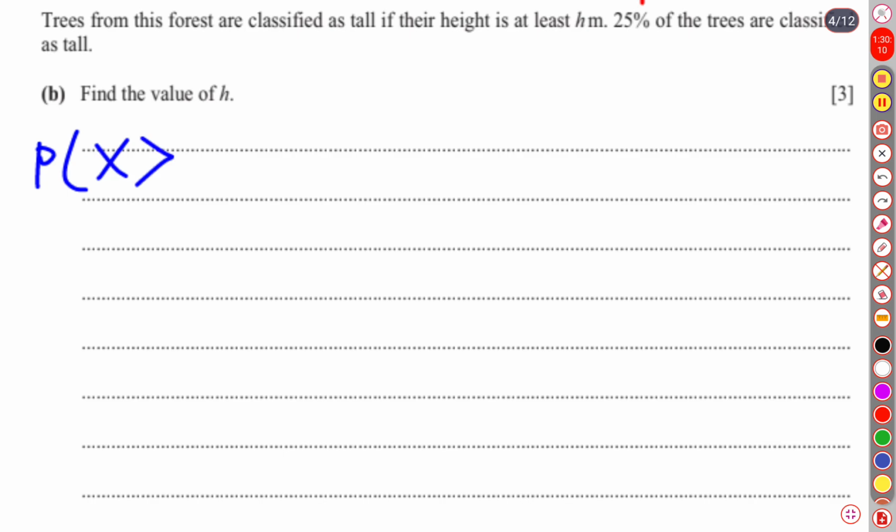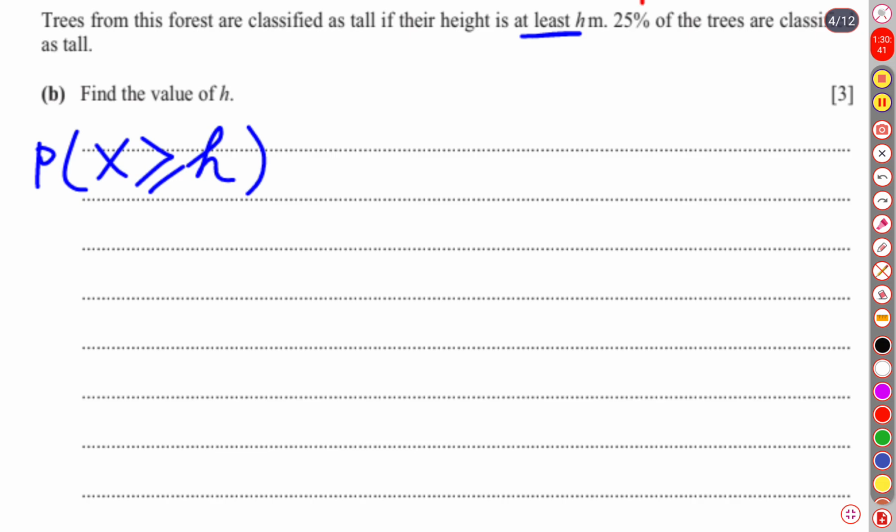At least means greater than or equal to. But in a normal distribution, which applies to a continuous random variable, it is actually all the same whether you use the equal symbol or not. That means the greater part.